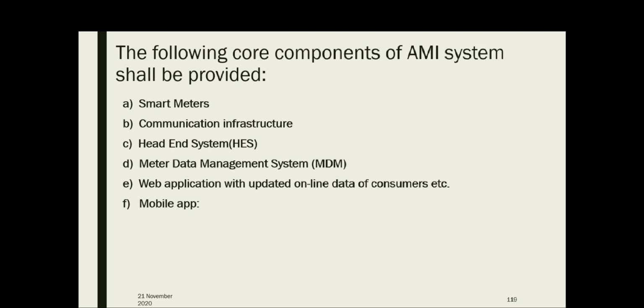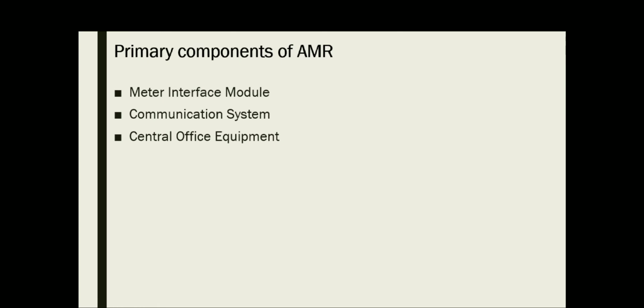And in a broad way, automatic meter infrastructure will consist of smart meter, communication infrastructure, head end system, meter data management system, MDMS, then a web application with the updated online data of consumers, then a mobile app, etc.